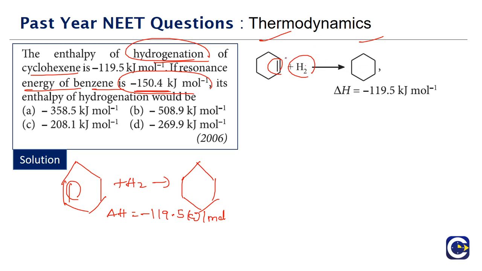If you see what is actually happening, a carbon-carbon pi bond is there in the cyclohexene, and a hydrogen single bond is there.